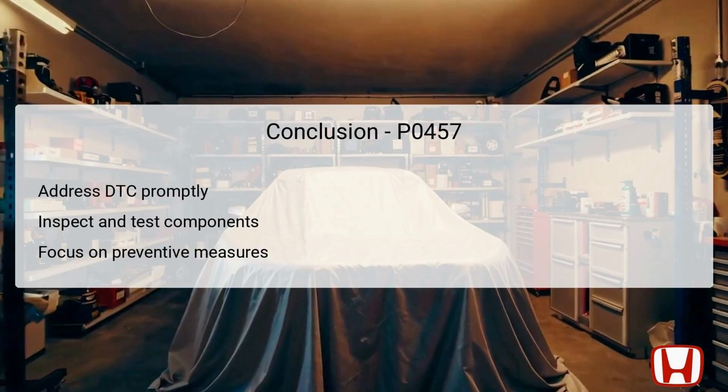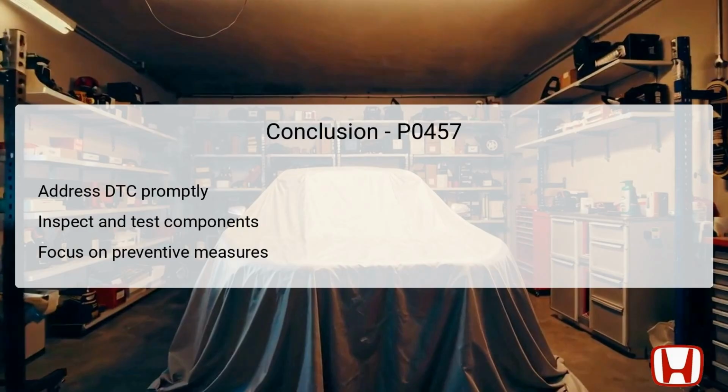In conclusion, addressing DTC P0457 promptly is crucial for maintaining the performance and compliance of the 2006 to 2011 Honda Civic's EVAP system. By thoroughly inspecting and testing components such as the fuel fill cap and vent shut valve, technicians can identify and rectify issues effectively. The processes outlined in the troubleshooting steps provide a structured approach to ensuring all systems are functioning correctly.